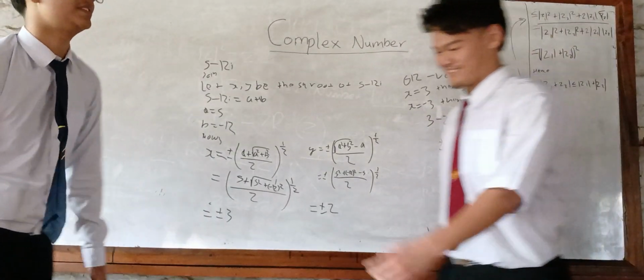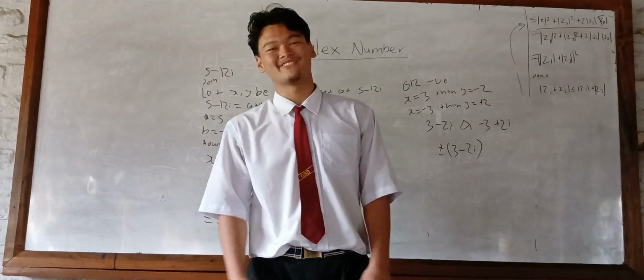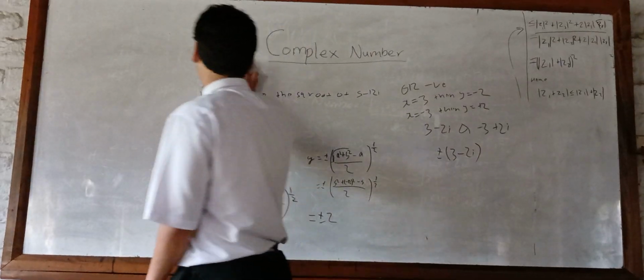Now I'd like to call Anmol for proving the set that Subodh said. Good evening everyone. Today I am here to give you a basic tip in order to solve problems related to complex numbers.